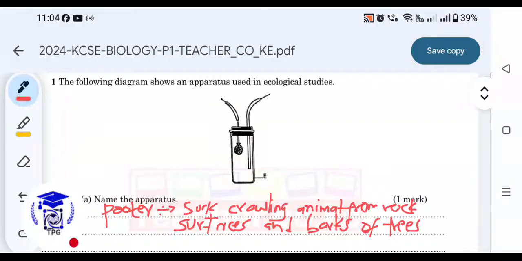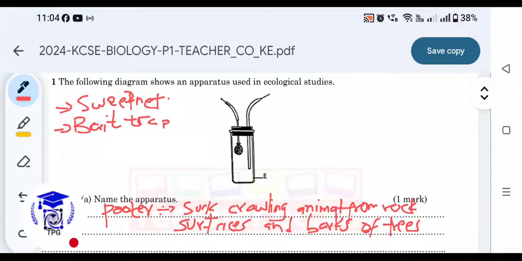So these are some of the apparatus we use. You can take note of this one. I want you to give me the function of a sweep net, the bait trap, pitfall trap, and a pair of forceps.